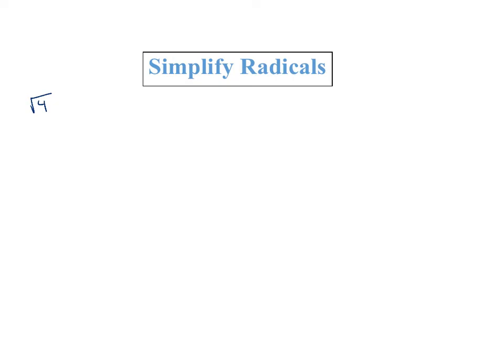Looking at the square root of 4, some people might know that the square root of 4 equals 2 automatically, but if you don't, worry not. We can ask ourselves, what number multiplies by itself to equal 4?